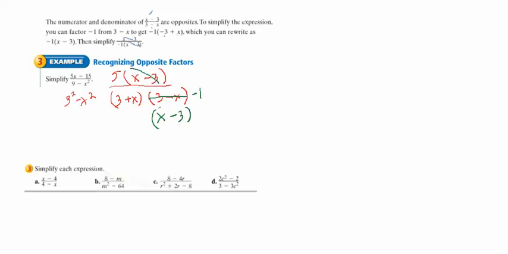So these two can cancel. What I have left is -5 over x plus 3, and I just rewrote this in the other order. So that might be my answer for example 3. So we're going to see if we can recognize some opposites for the next few.